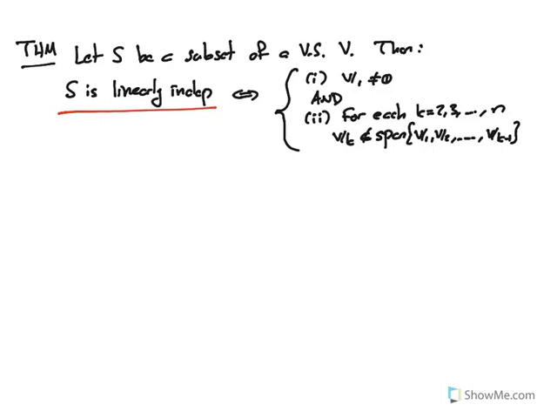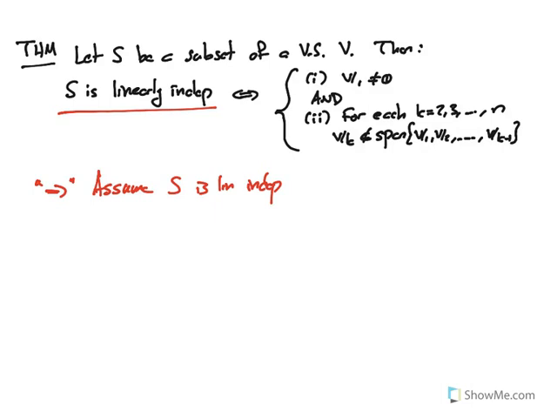I mean, if you think about it, let's just talk about it quickly, and then you can fill in the details for yourself. What I would do is to say you go in this direction: assume that S is linearly independent.